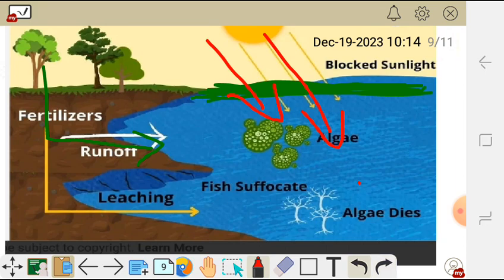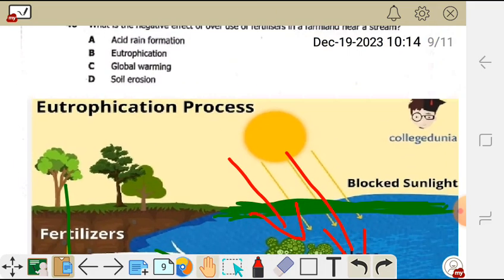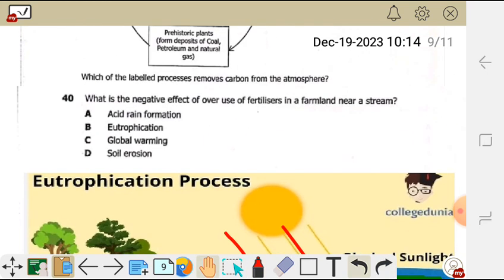So that will cause the same algae as well to die. Then from there, the ions accumulate and they are going to cause the fish to suffocate. Then the whole process is what we call the eutrophication process, and it is mainly a result of the use of fertilizers near the stream.